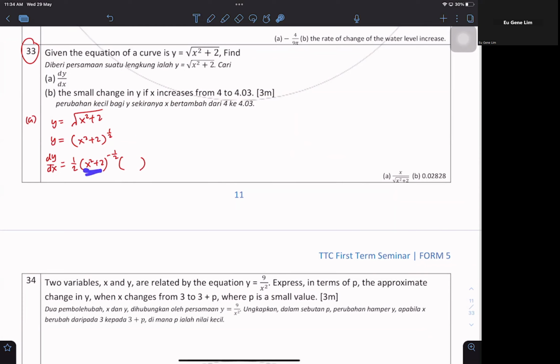If you differentiate the inside, what will you get? You will get 2x, right? Then last, 1 over 2 times 2x, which is x. Nice. Understand?